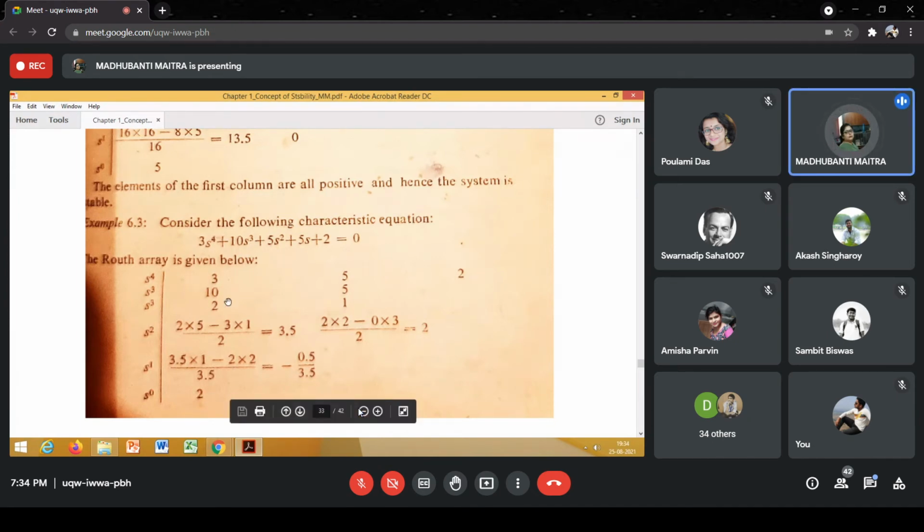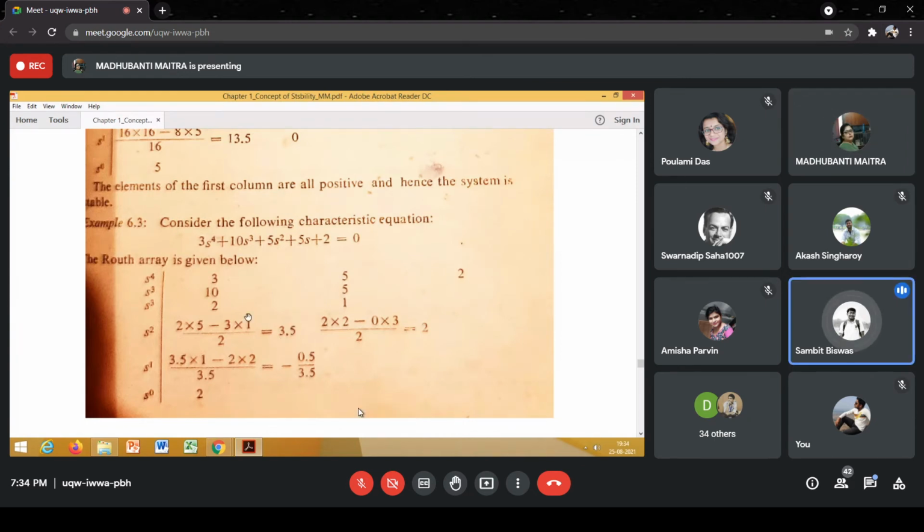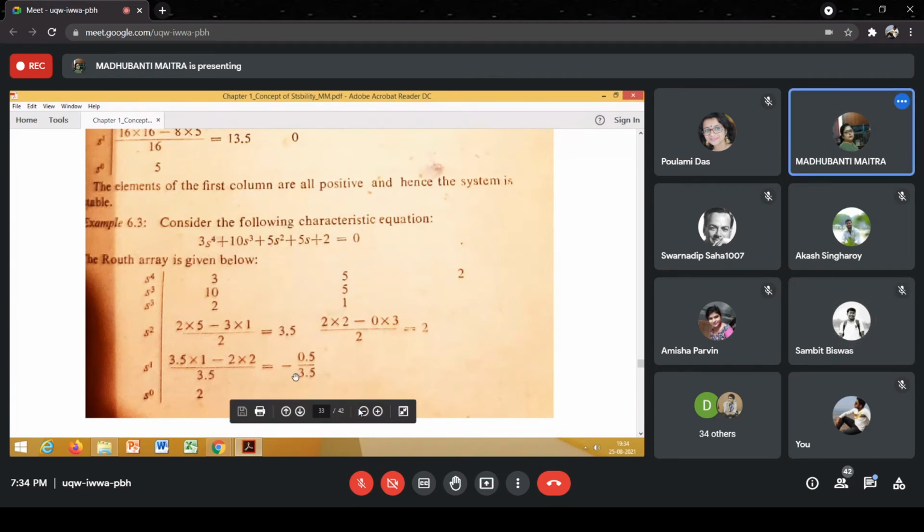If you don't go for this step, then this value will be something different. The value corresponding to the s1 term will be different. Minus 0.714 is coming, and this one will also be different. 10 into 5 minus 3 into 5 may be different, but in this case, divided by 10, the value is the same, 3.5 and 2. In this case the value is the same, but it may be different. Okay, ma'am.